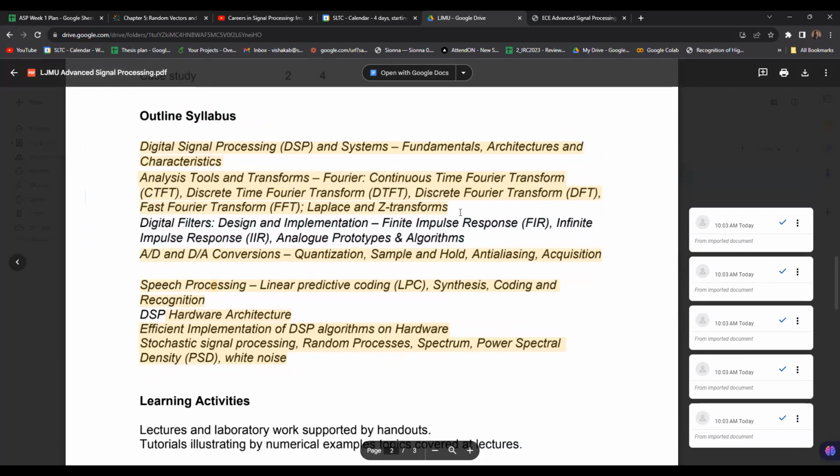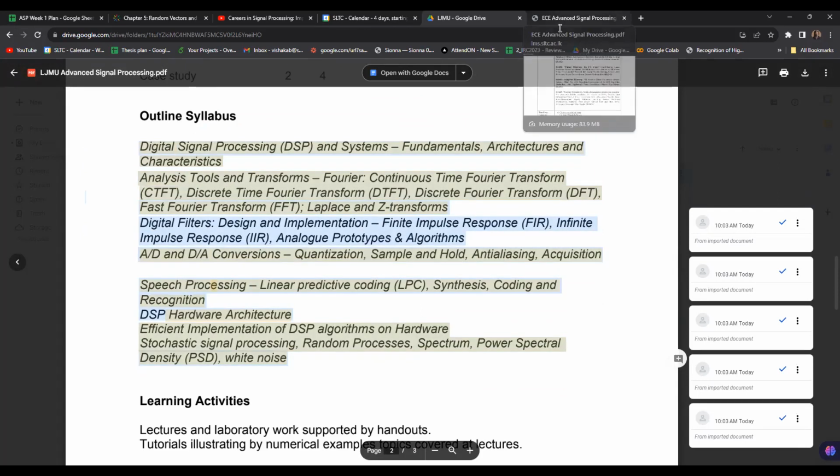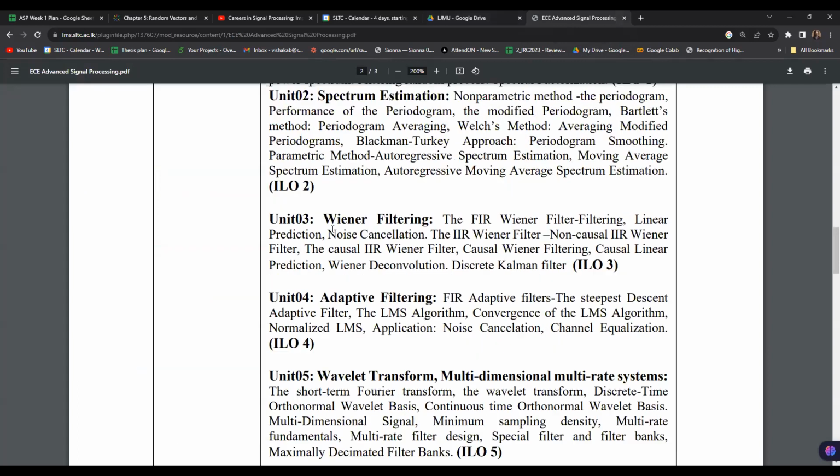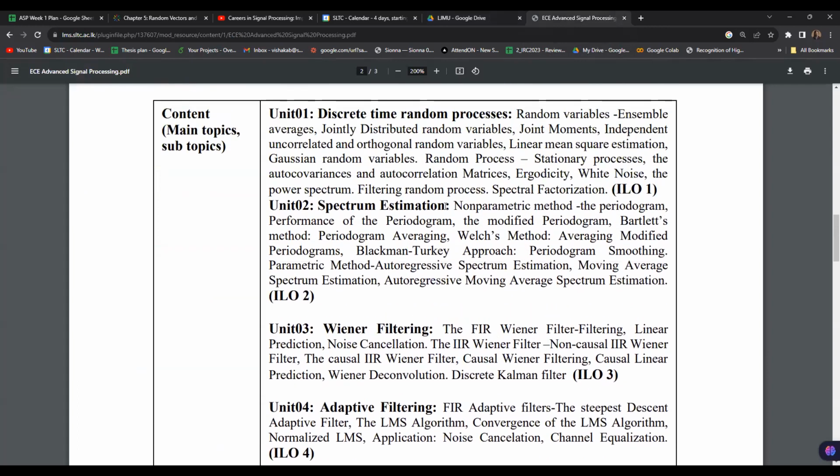All this content is in the ECE as well, but the ECE has some additional features related to spectrum estimation. The LGMU students will also learn these additional components.